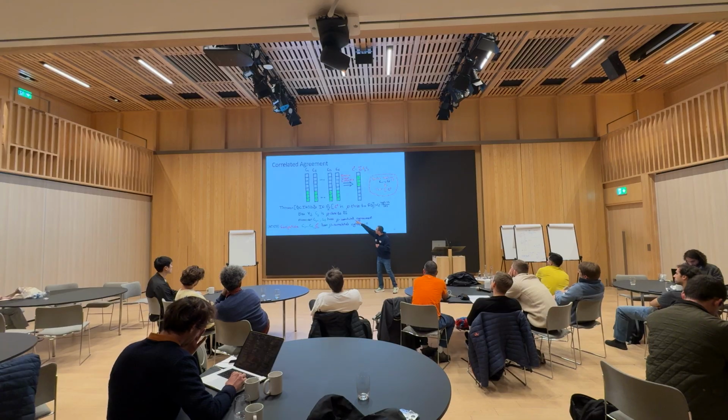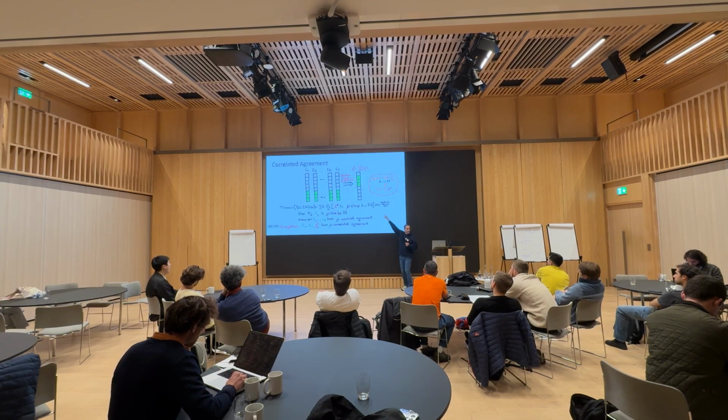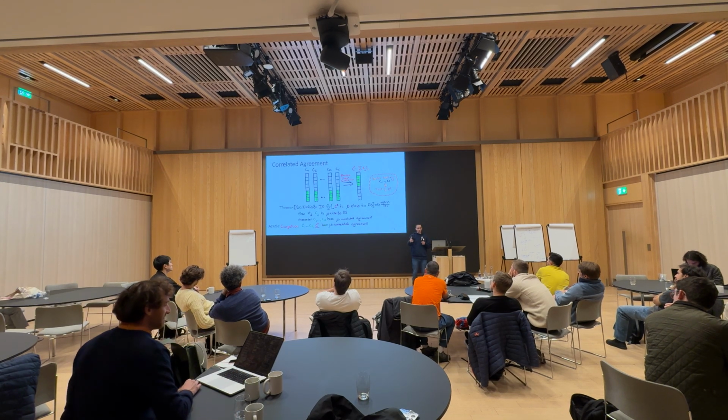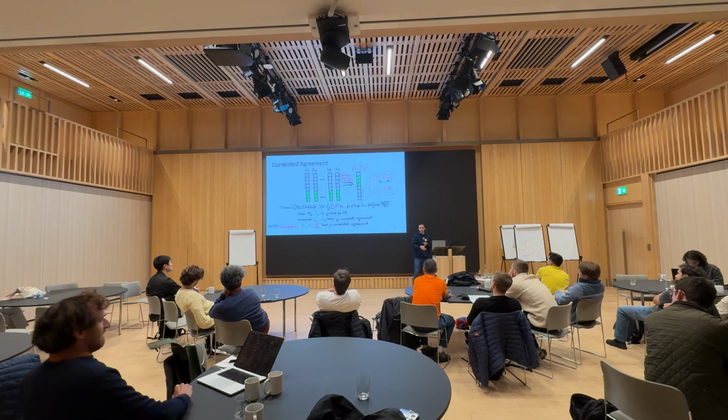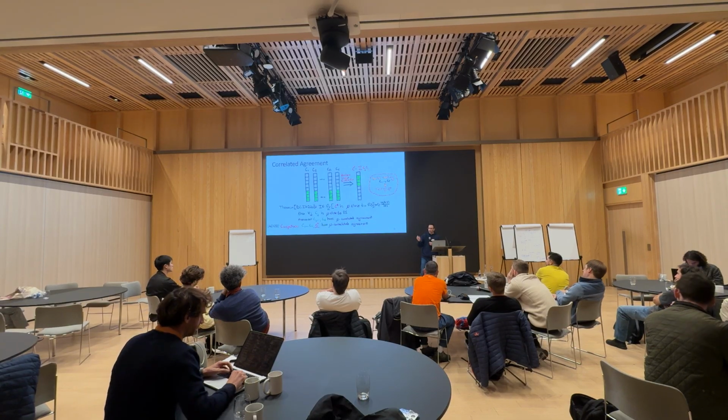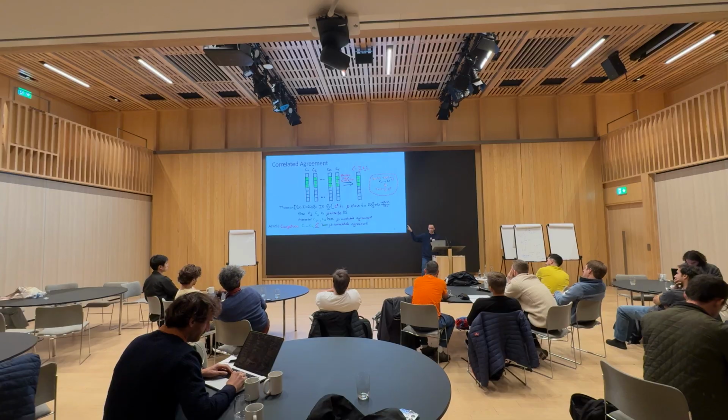Then we know that if all of them have correlated agreement, C star must have correlated agreement down below, wherever the green is. And if it has correlated agreement here, it cannot have another one, because we're in the unique decoding radius, and the distance of C star is going to be the same distance by the same theorem. So C star is also in the unique decoding radius. So in the unique decoding radius, we have only one, so it's really if and only if. So this has to be the picture.